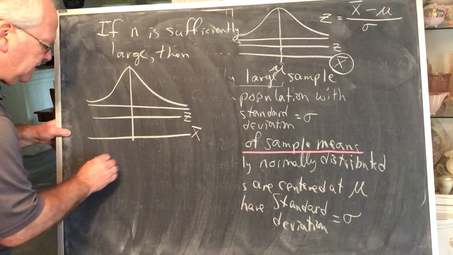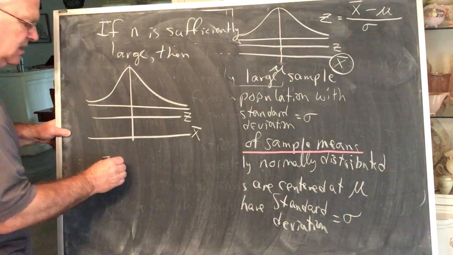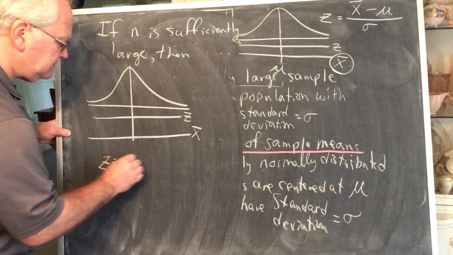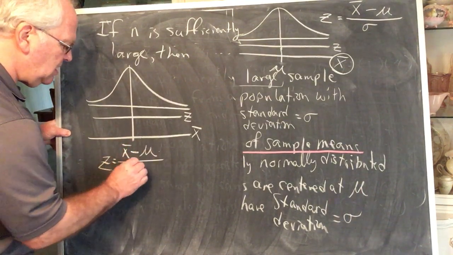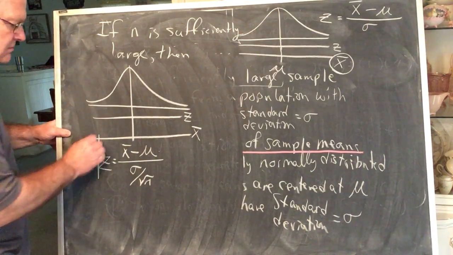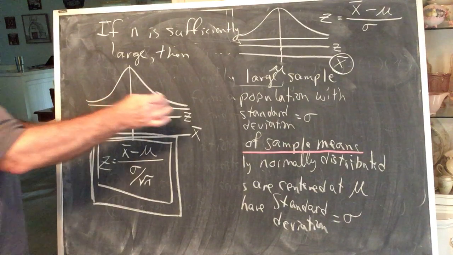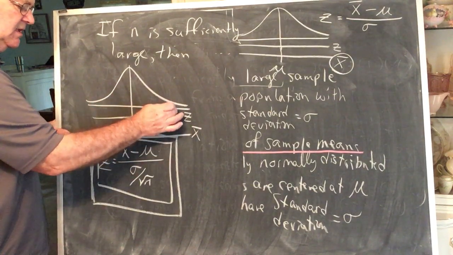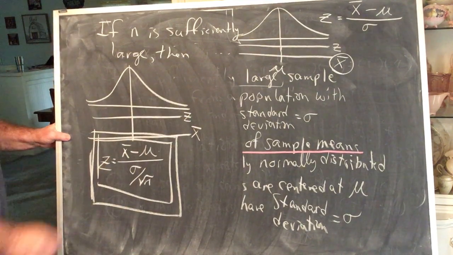And the z formula to translate from the x bar scale to the z scale is given by x bar minus mu over sigma divided by square root of n. This is the formula we use to translate from the x bar scale to the z scale.